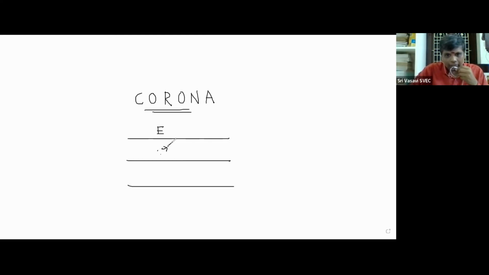So this process continues, and this causes an electron avalanche in between the conductors, which forms an arc like this. So this is treated as a corona. And this can be treated as an LL fault, line to line fault.